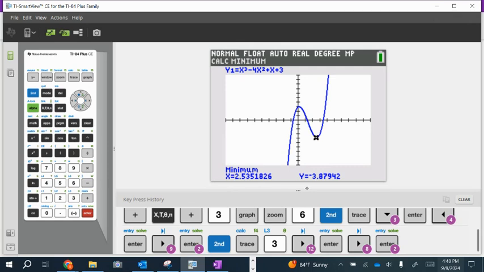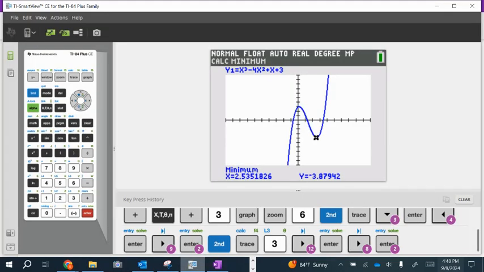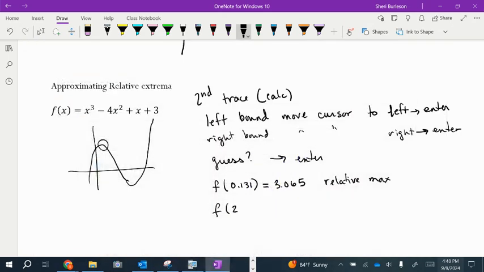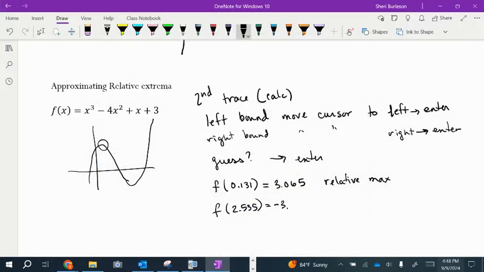2.535 is equal to negative 3.879. So when I write f of 2.535 equals negative 3.879, that is my relative minimum, or relative min.